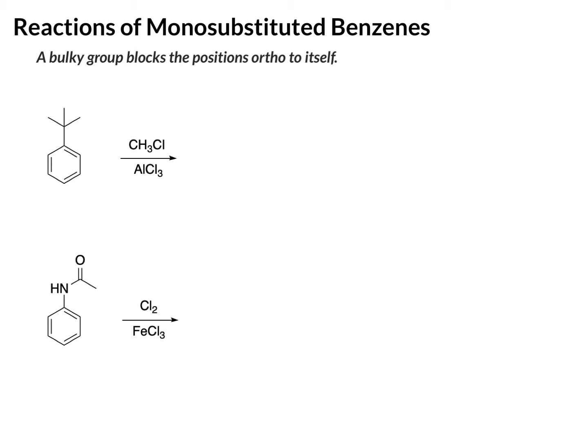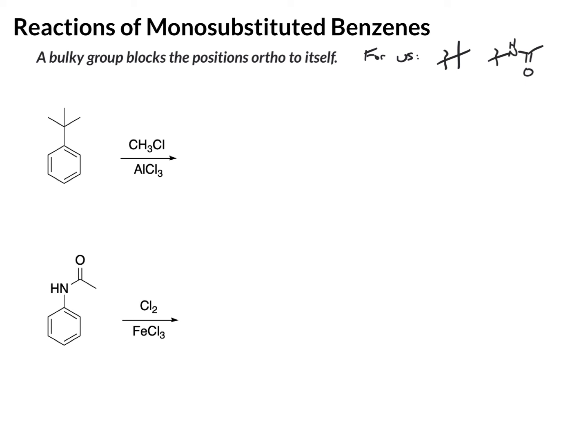So there are several bulky groups out there, but for us, we're only going to need to know two. That is the tert-butyl group and the amide group. Those two things we're going to consider our bulky groups in this class.